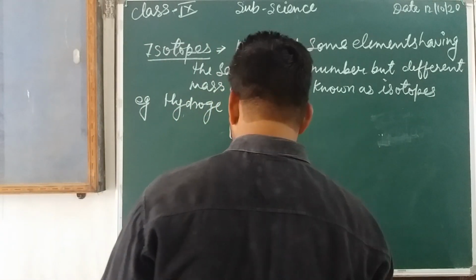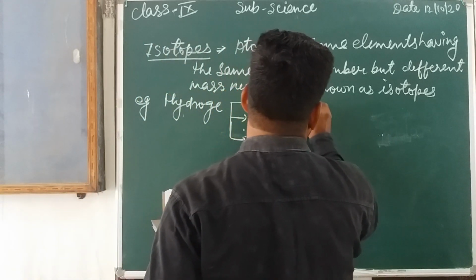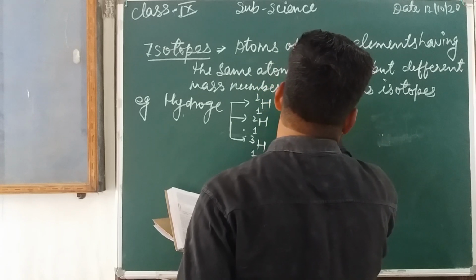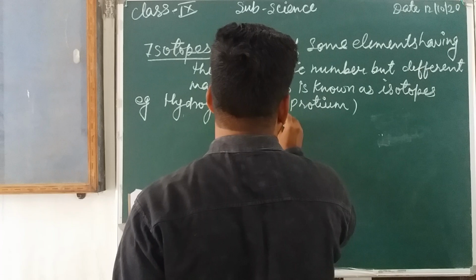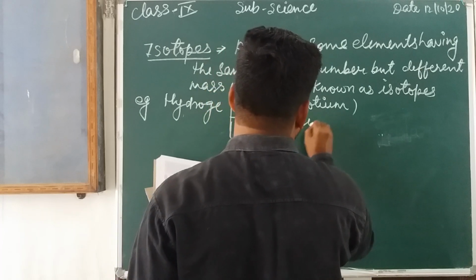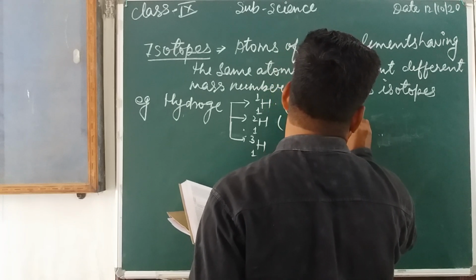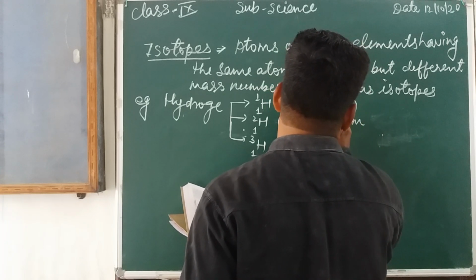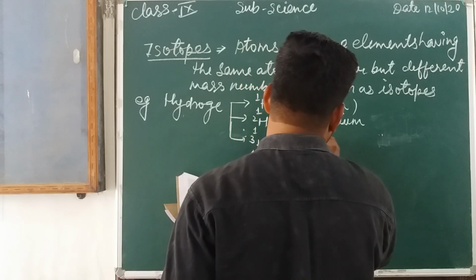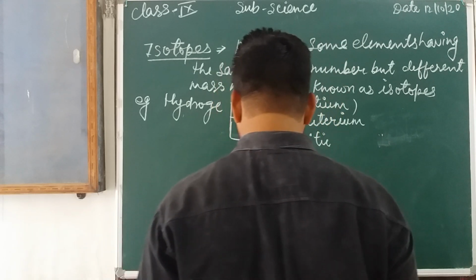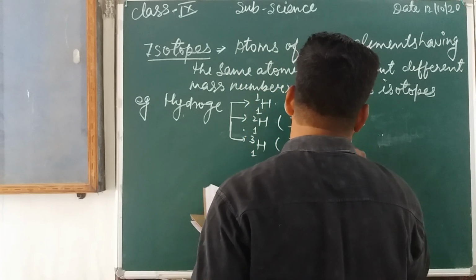So this is known as protium, this is known as deuterium, and this one is known as tritium.